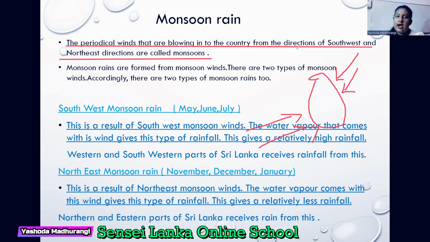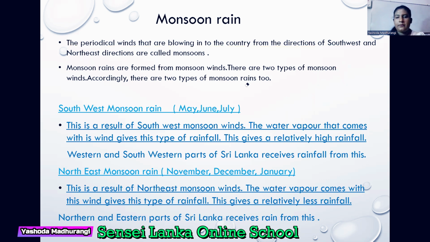So, those have different names. I will explain it with another picture. Before that, go through this. Monsoon rains are formed from monsoon winds. There are two types of monsoon winds. Accordingly, there are two types of monsoon rains.